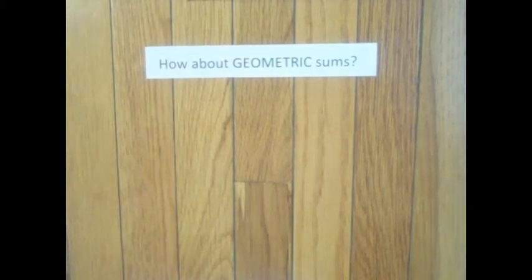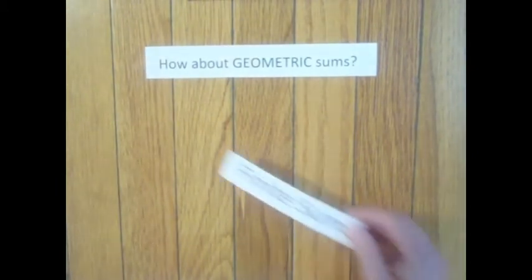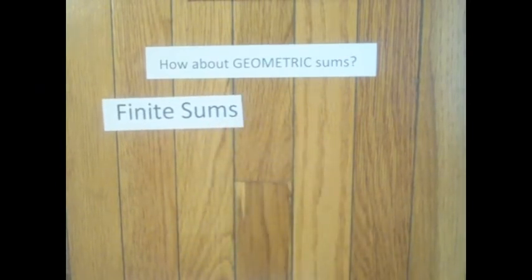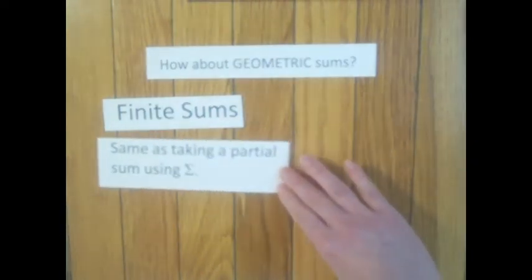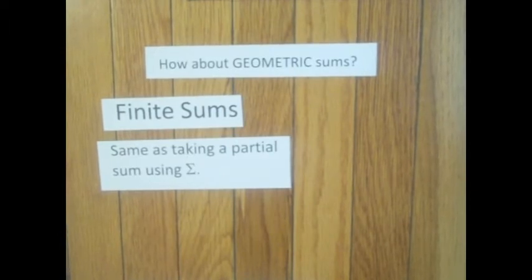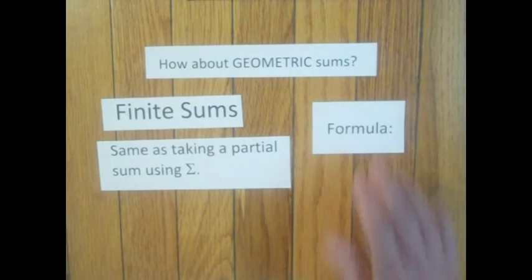There are 2 types of geometric sums. There are partial sums, which we'll call finite sums, and there are infinite sums, which we'll talk about later. Finite sums are the same as taking a partial sum using sigma. And luckily, it comes with a formula.